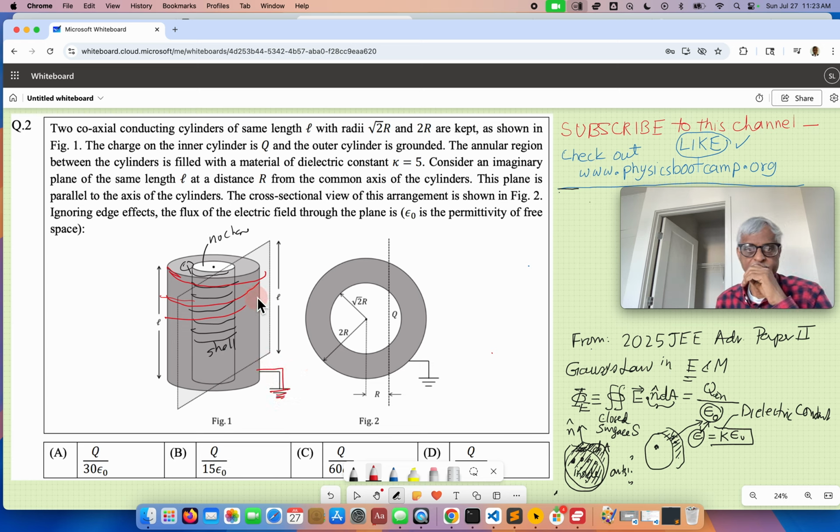So if these are the plus charges, then you pull negative charges, making it grounded. So there are no charges here, and there's charge Q here, right?